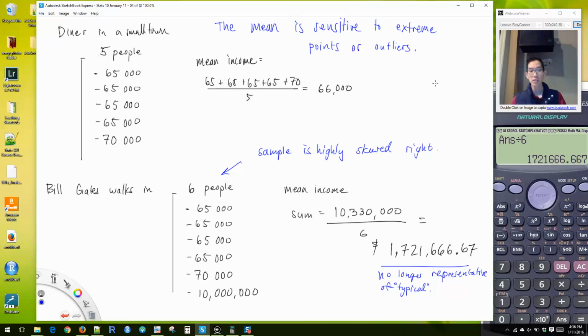Okay, so if you've got outliers in your data or you've got skew in your data, the mean gets dragged out in the direction of the skew.